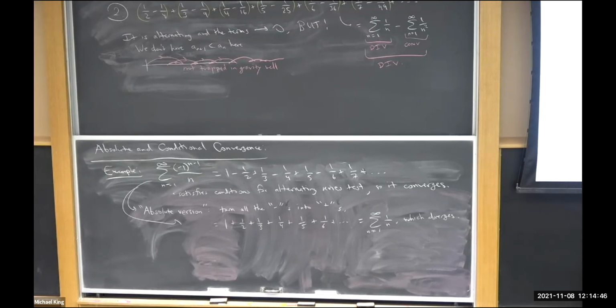And I guess the thing that's interesting here is this boxed thing in the handout, I think this is believable. So if the sum of the absolute values, so that's another way to make the series into an all positive series, is just write absolute values, right? If that converges, then so does the original series.